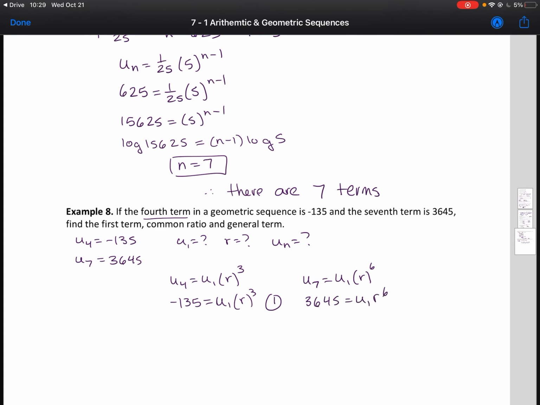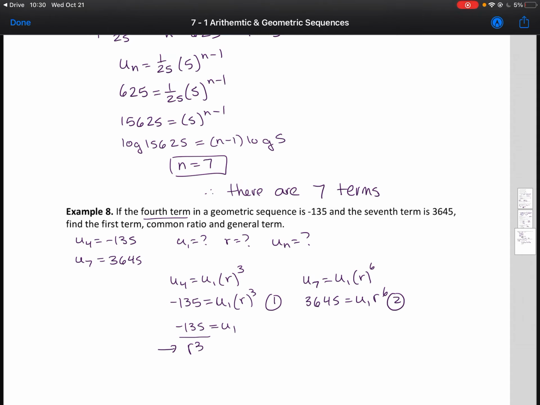Okay. A couple ways, different ways to approach this here. You can rearrange one of the equations. So let's do that here. We've got minus 135 equals u1 divided by r squared. This is okay because our ratio is not going to be 0.